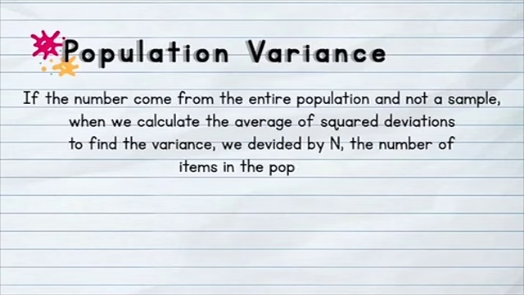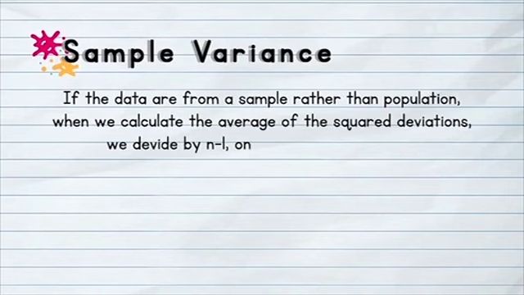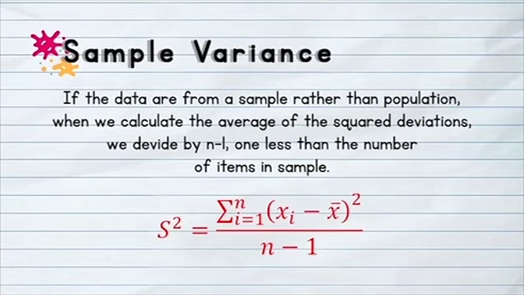Population variance is represented by sigma squared, which means the sum of squared differences between the observed value and the population mean divided by the total number of observations. Sample variance is represented by S squared, which means the sum of squared differences between the observed sample value and the sample mean, divided by the number of sample observations minus 1.